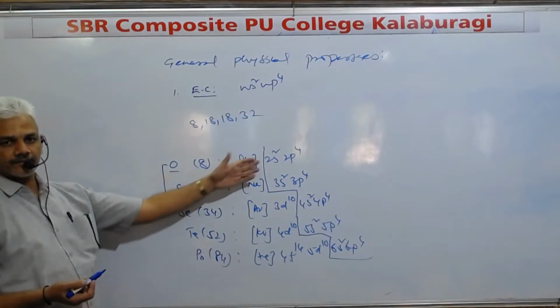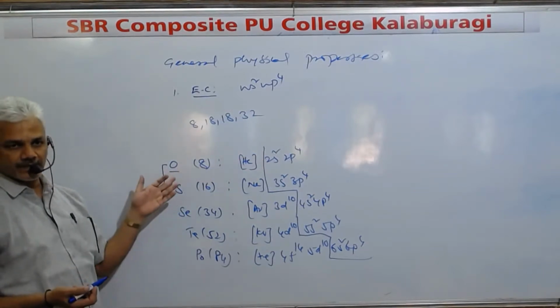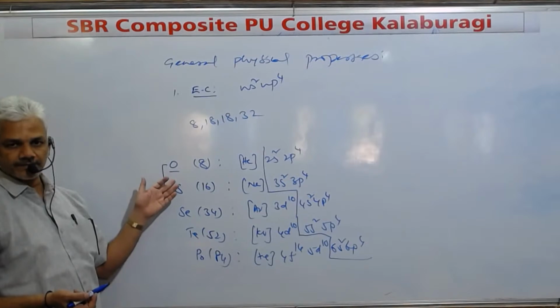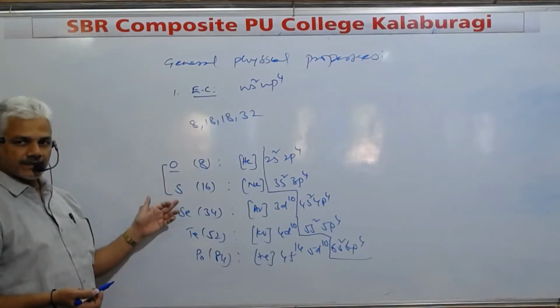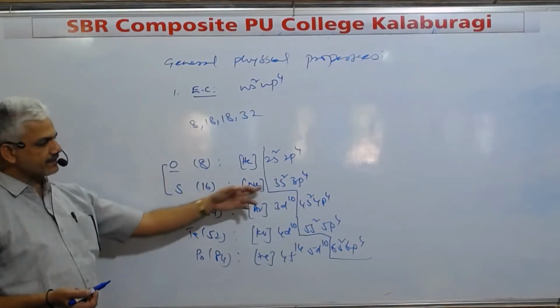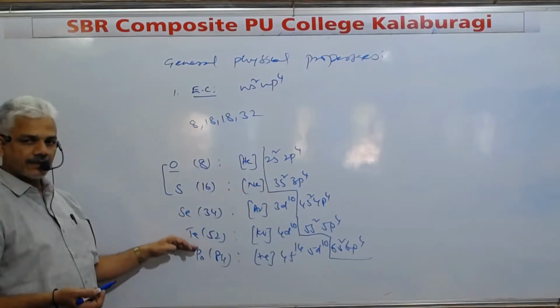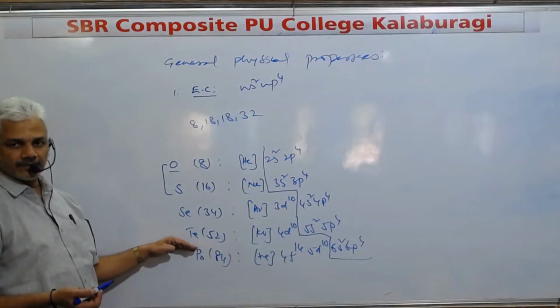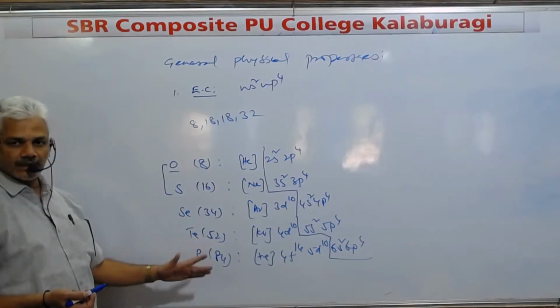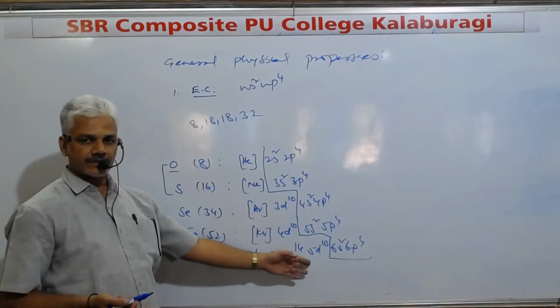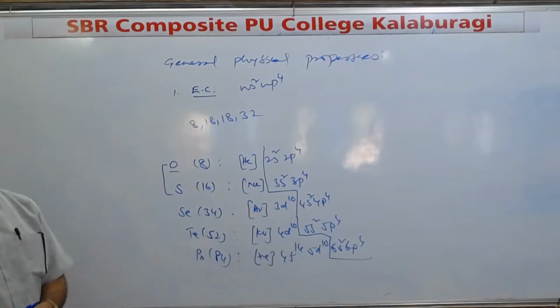Reason, configuration: it cannot expand its configuration due to non-availability of vacant d orbitals. Again, sulfur is different. It can expand its configuration. Chemistry of selenium and tellurium will be somewhat similar. Polonium, again, is entirely different because of this difference in configuration.